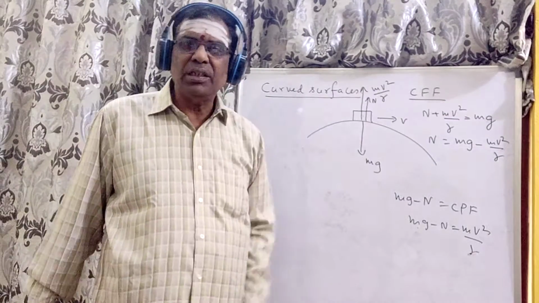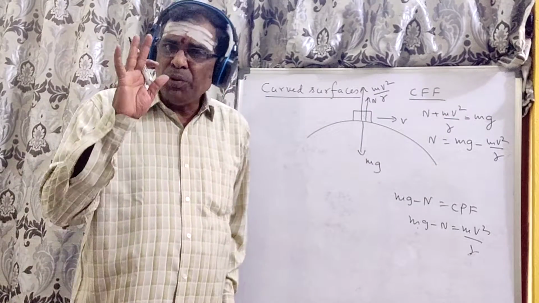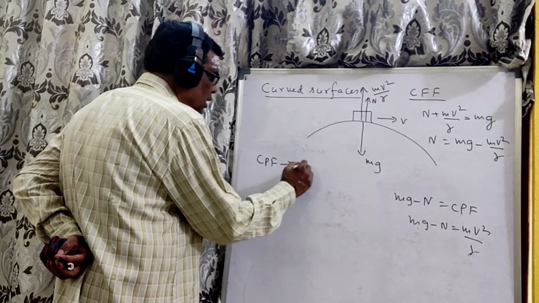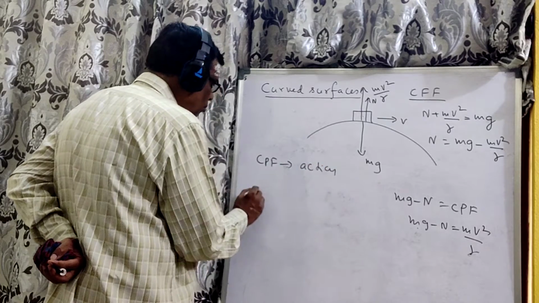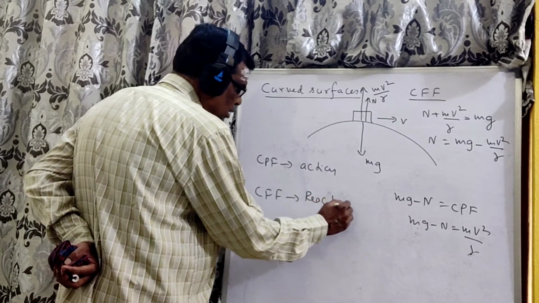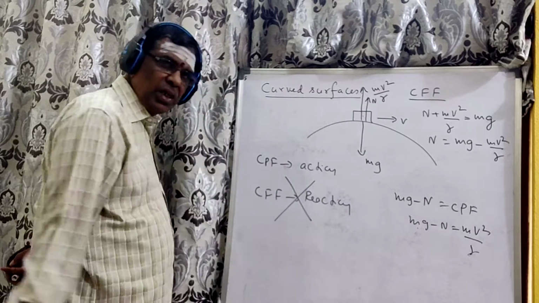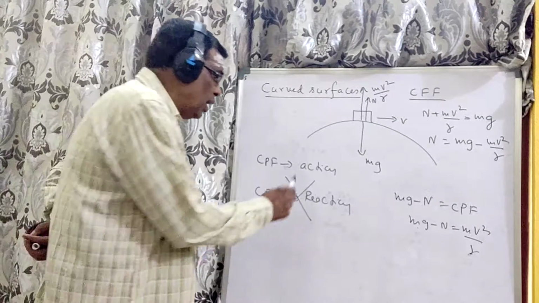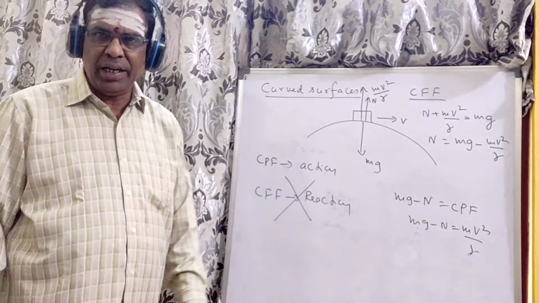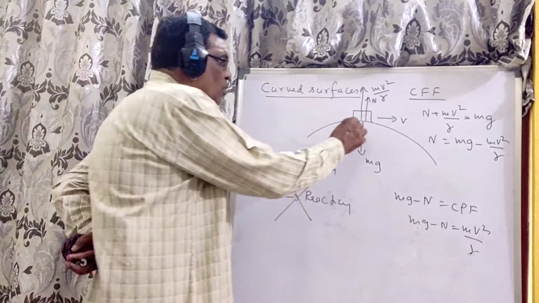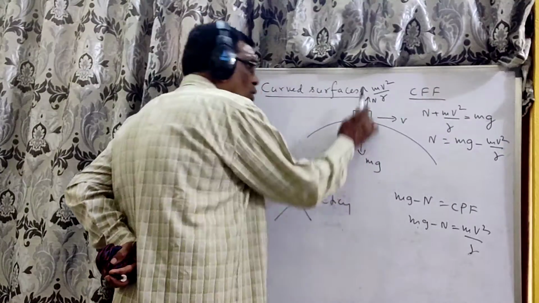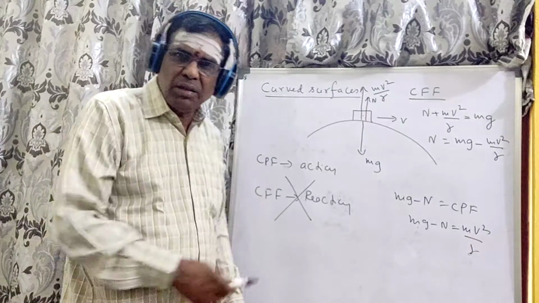So, that name centrifugal force, many people wrongly think that CPF is action, CFF is a reaction. This is absolutely wrong. Why? Action and reaction should never act on the same body. First point. So CPF is acting on the body. Your so-called centrifugal force is also presumed to act on the body.